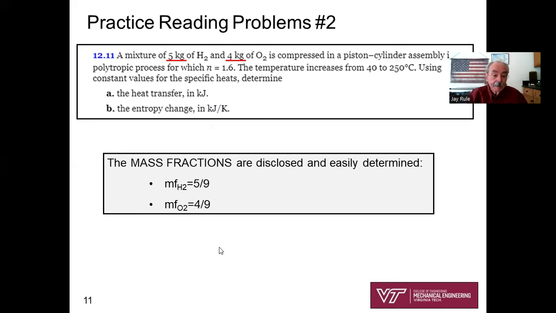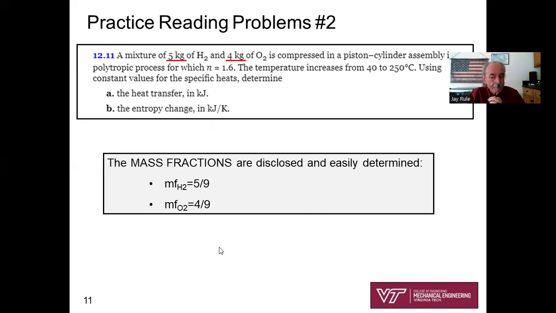Next problem. A mixture of 5 kilograms of hydrogen and 4 kilograms of oxygen is compressed in a piston and cylinder, and you're asked to find a couple of things. Do I have the mole fraction or the mass fraction? Could I figure it out? Of course, the answer would be yes. You're given the masses of each constituent.